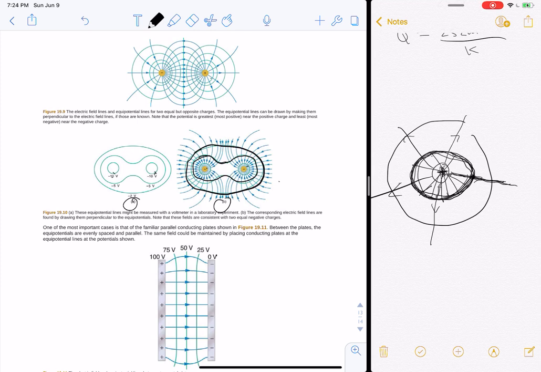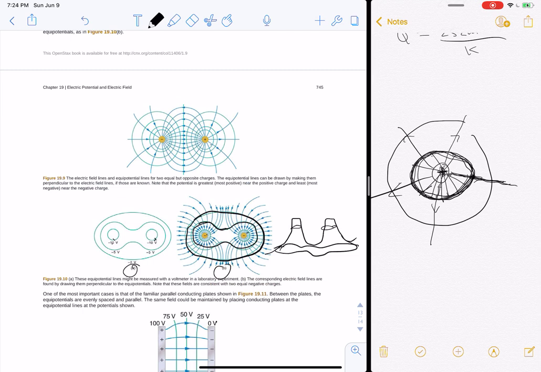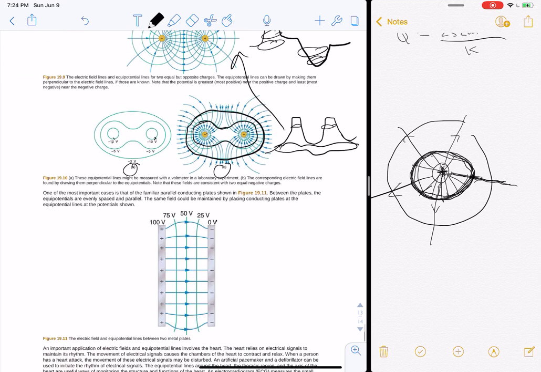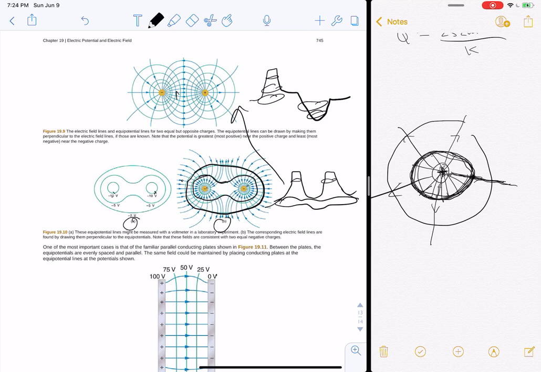You can think of these as two plateaus, and they're going to have about the same potential across that point. Whereas this one you can think of more as a mountain and a giant hole. So they're always going to have different potentials that are isolated from each other. They don't cross over. Okay, so that's the difference between these two figures here.